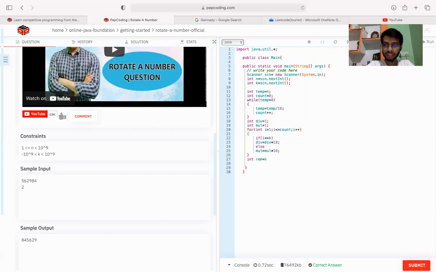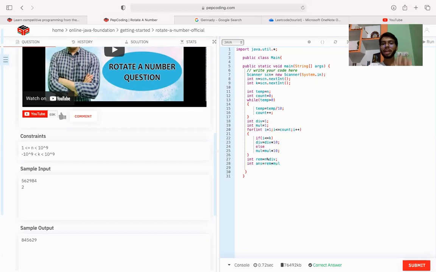The remainder is simply n modulo divisor. After dividing n by the divisor, I'll get 84. After finding 84, I already have the multiplier, so I need to multiply it with the multiplier. So I'm making a variable answer, that is remainder into multiplier.